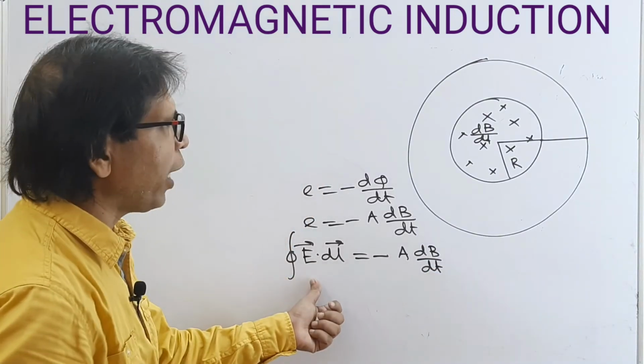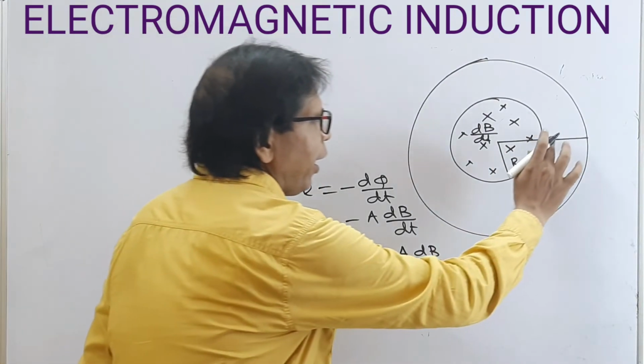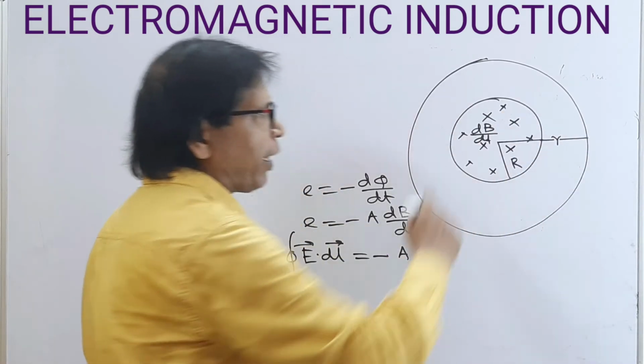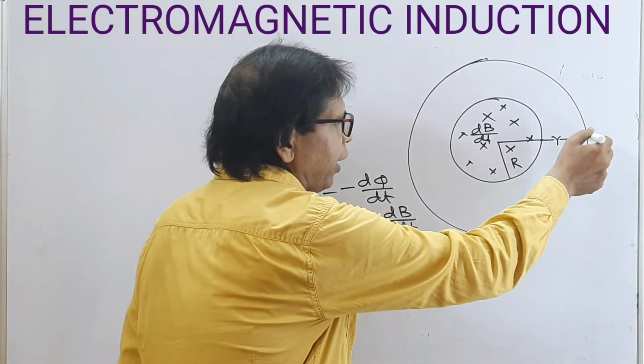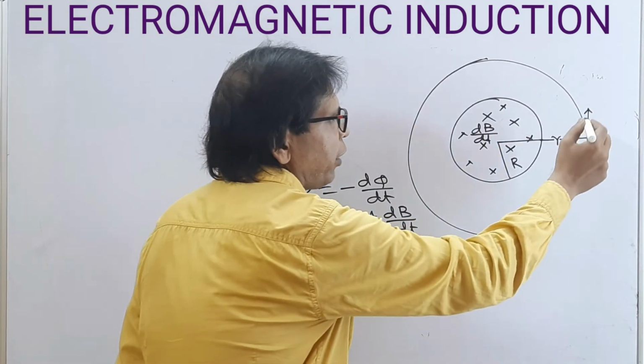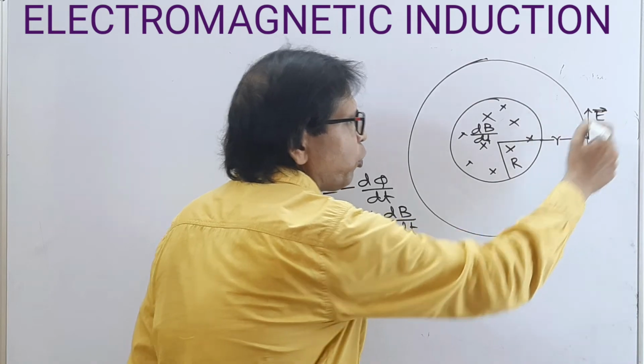Now we have to calculate the electric field at a distance r from the center of this magnetic field. So here look at this, the electric field in this circular region is directed tangent to the path.